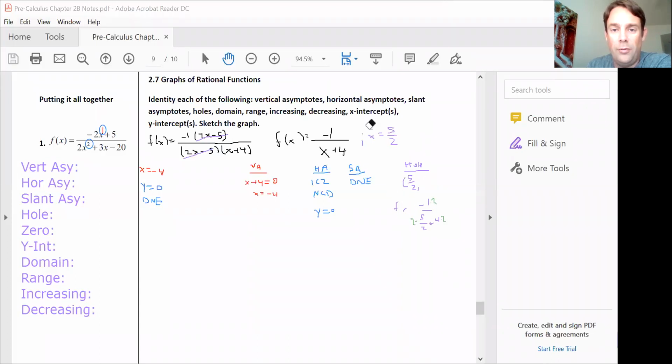Technically, that's not right there. I should have done a better job with my notation. I can fix it now, though. And when I plug in my 5/2, I'm going to end up getting -2/13. So that'll be the y value of my hole.